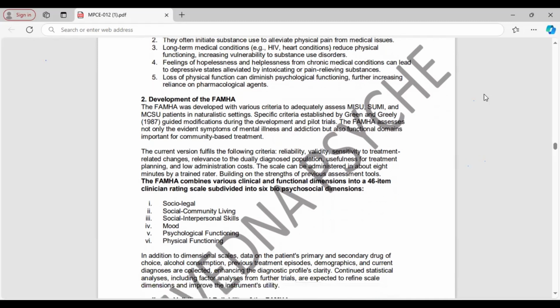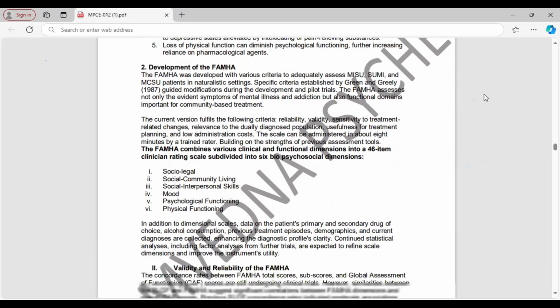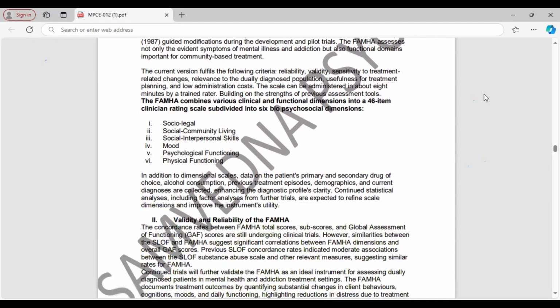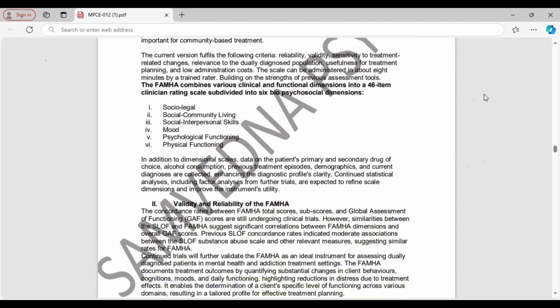The scale includes 46 items categorized into 6 dimensions, which are social legal, social community living, social interpersonal skills, mood, psychological functioning, and physical functioning. FAMHA also collects demographic information, treatment history, and substance use data. It is designed to be cost effective and sensitive to treatment related changes, making it a valuable tool for clinical and research purposes.